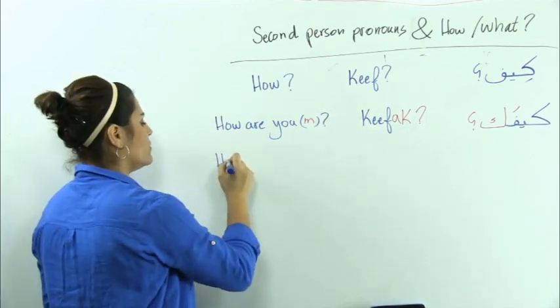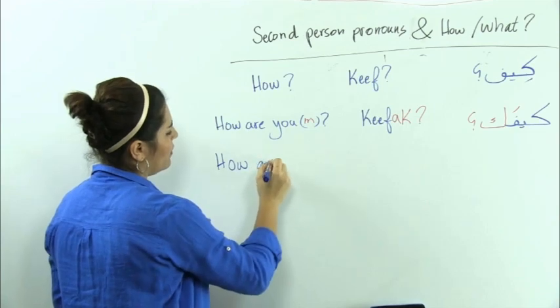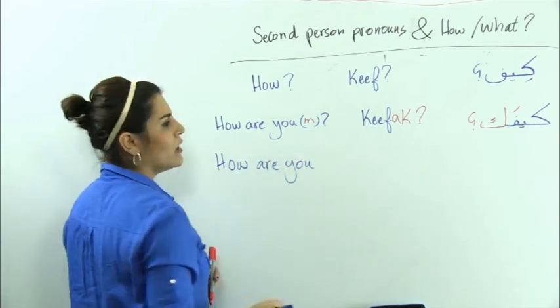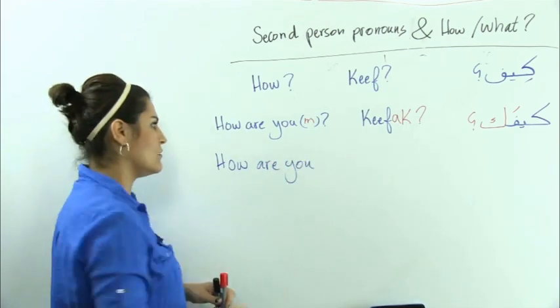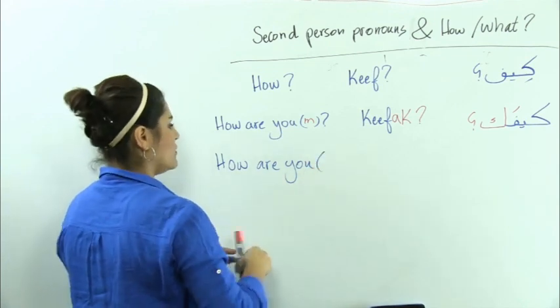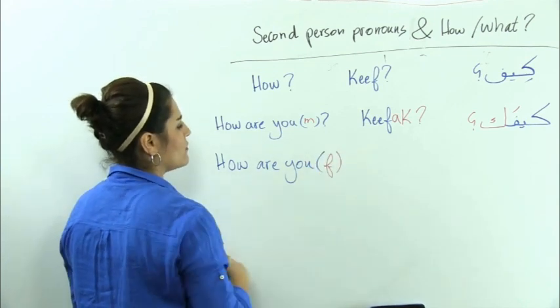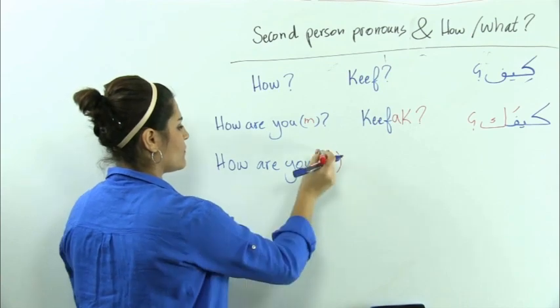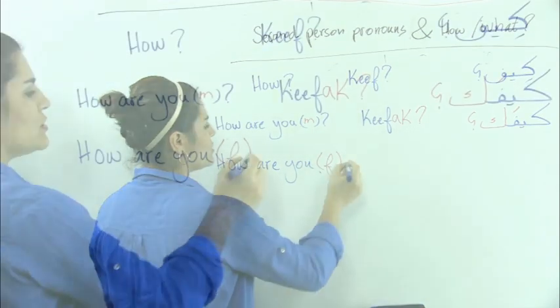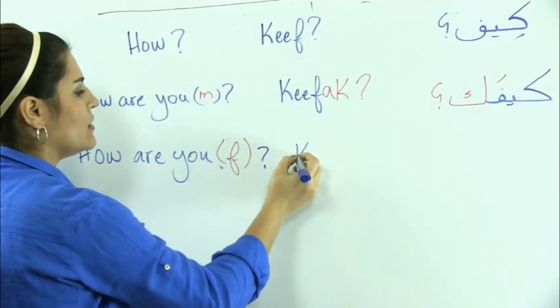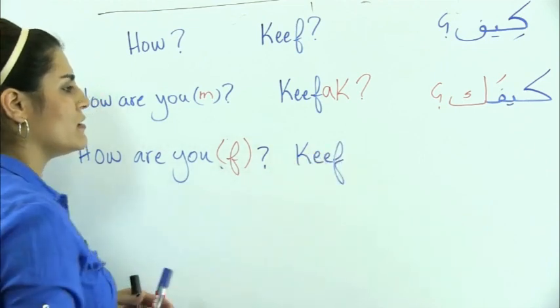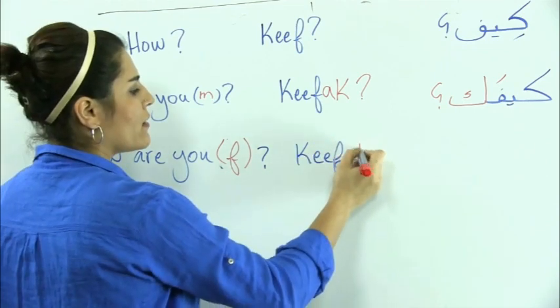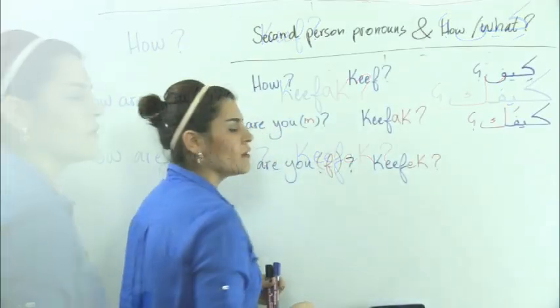And if I'm talking to a woman, say, how are you, Christine? I'm talking to Christine, so you feminine. The question is, of course, كيف again, plus the suffix ik. كيفك.